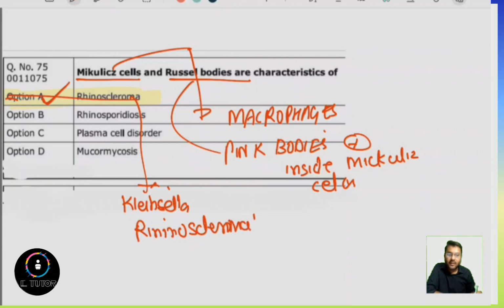So this will be the answer. The other options are rhinosporidiosis, no; plasma cell disorder, no; and mucormycosis, no. So the best answer is option number A, rhinoscleroma.